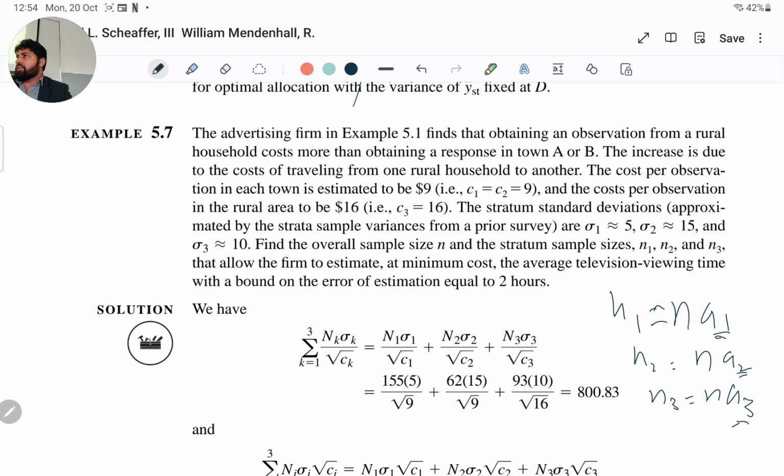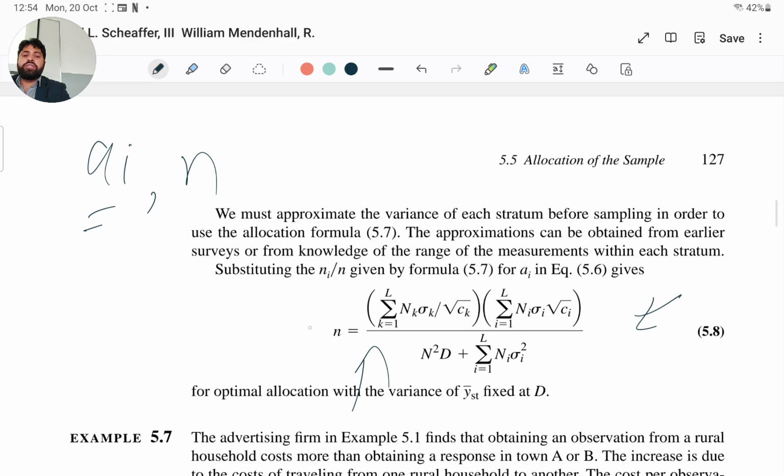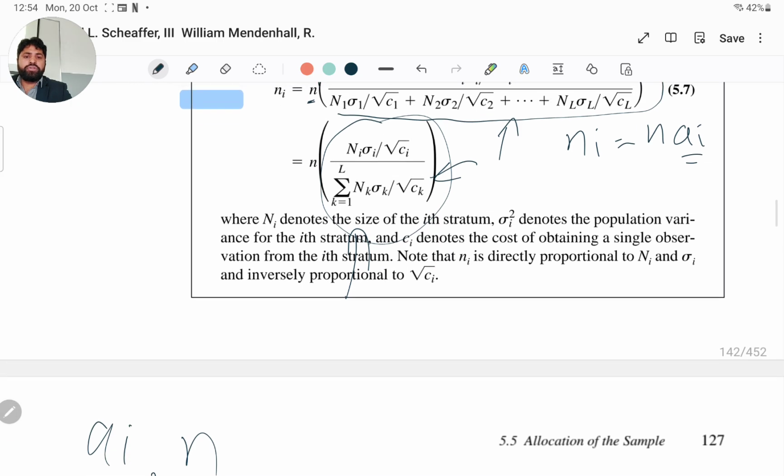So we need to estimate the allocations as well, and for the allocations I have shown you the formula. This one is to calculate N, and this formula will calculate the allocations. We'll be picking one by one. First of all, we'll calculate the allocations with the given information. Let me pick this formula.